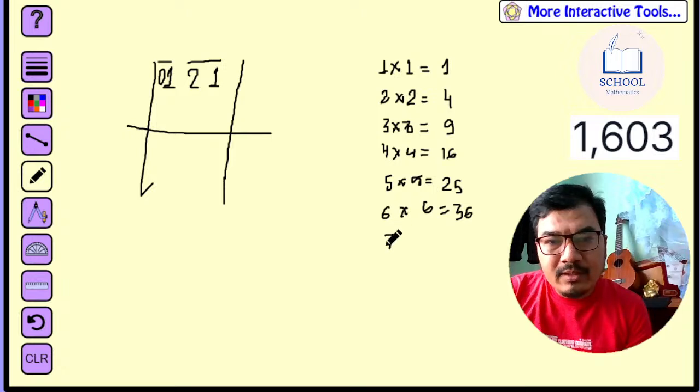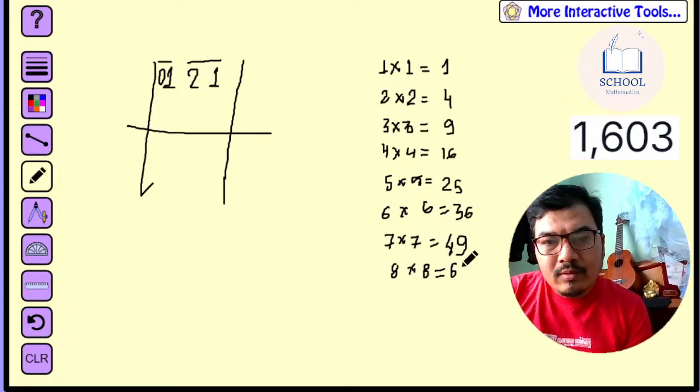7 multiply by 7 is here 49, and 8 multiply by 8, 64, right?